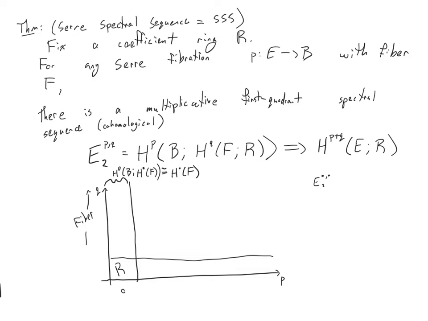And down here, in this row, you have H star of the base with coefficients in H^0 of the fiber, which is just H star of the base with coefficients in R. So if you assume that everything is connected, which we absolutely will, you get this identification of these two rows, and then you get other stuff in this region, which is determined by, well, once you know what the cohomology of the fiber is vertically, the row has to be just change of coefficients for the cohomology of the base to get that stuff in the fiber.